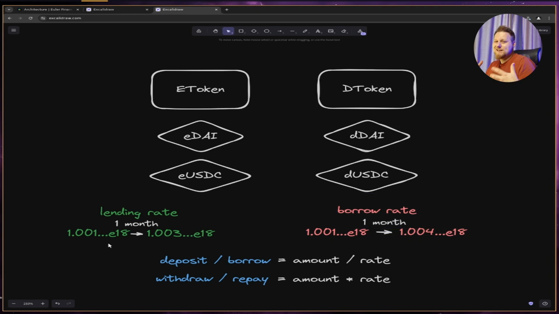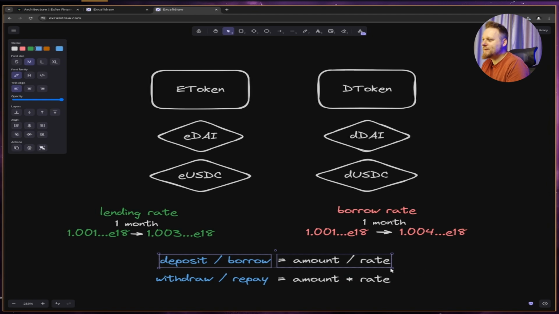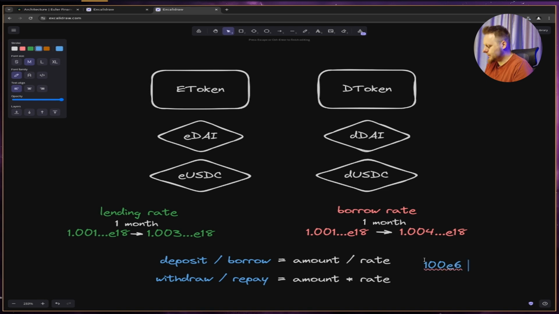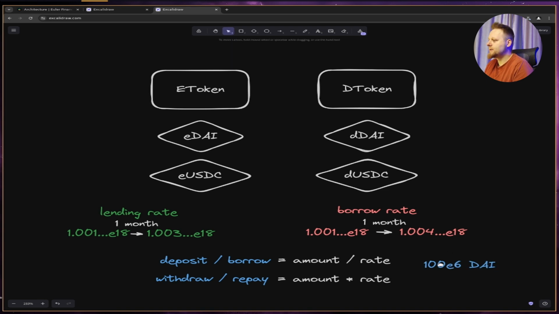In the grand scheme of things, when you deposit or borrow, you receive the amount divided by the rate. This is the general equation. It may slightly differ from protocol to protocol, but in general this is how it's done. So for example, you want to put 100 DAI into the system.